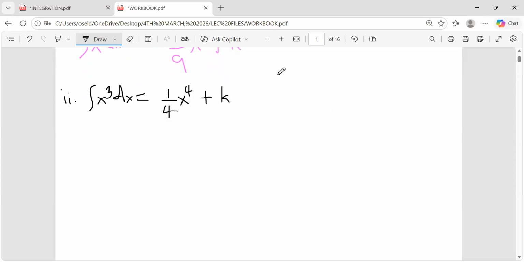So you have to know that the rule is 1 over n plus 1, x exponent n plus 1, plus k. That's the rule. So let's take notes.